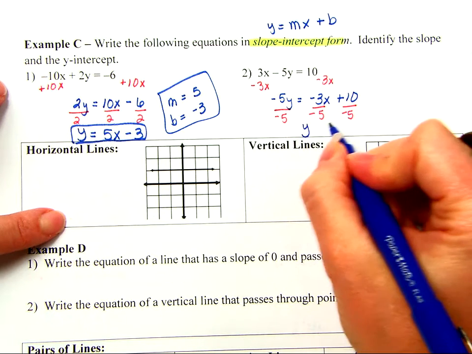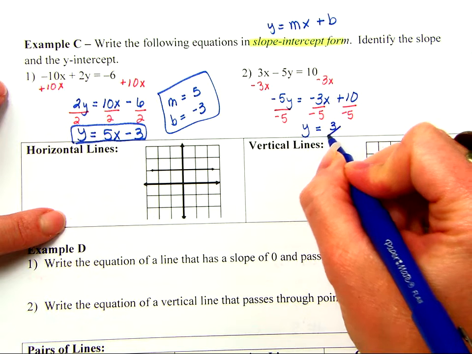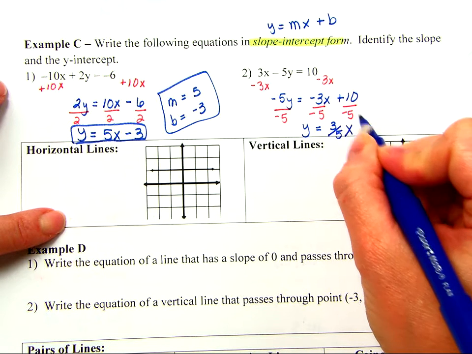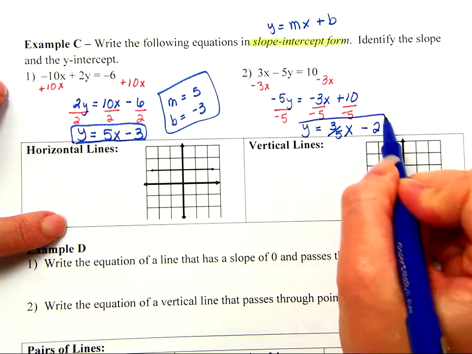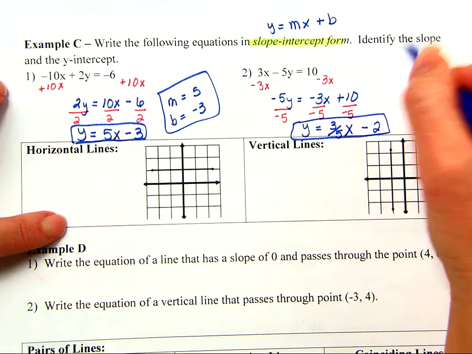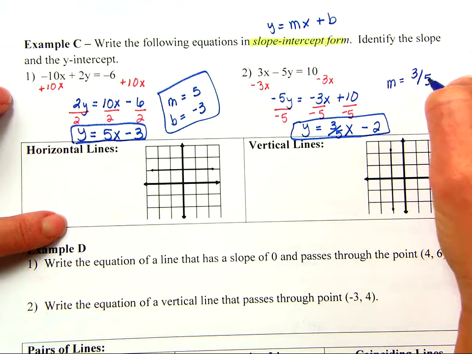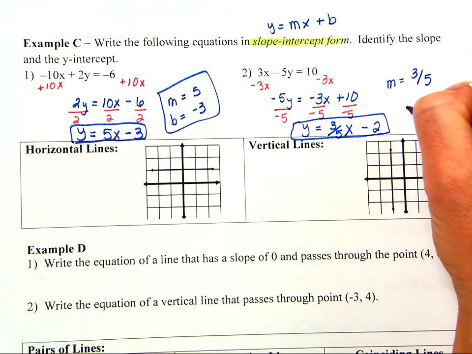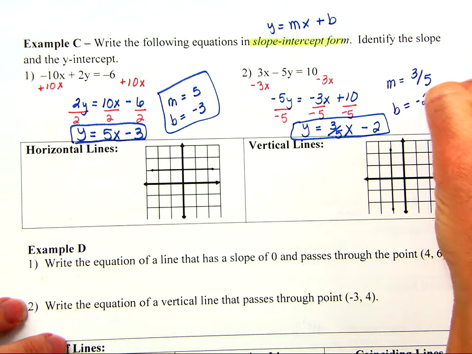And so in slope-intercept form, this is going to be y equals 3/5 x minus 2. My slope then being 3/5 and my y-intercept being negative 2.